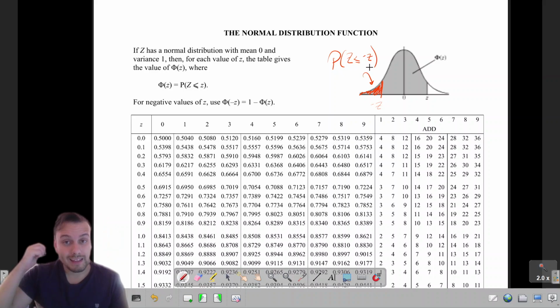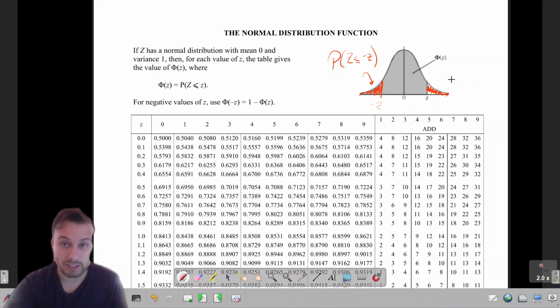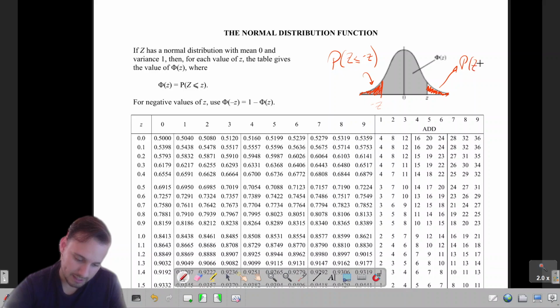Now, this area that I marked in red here is equal to this one that we have here, because remember that the normal distribution is symmetric. So these two areas are the same. So essentially, this part here is also equal to the probability that Z is less than or equal to negative z.